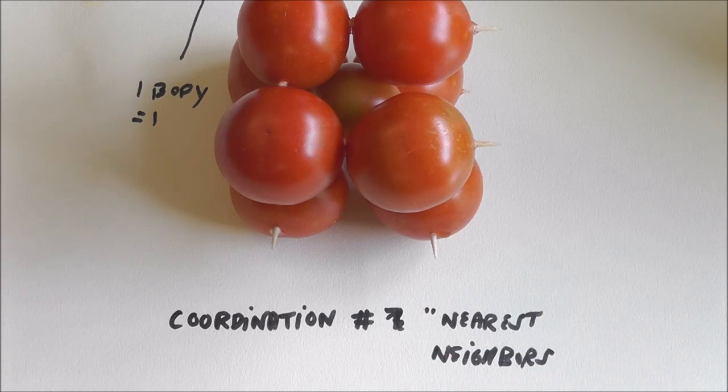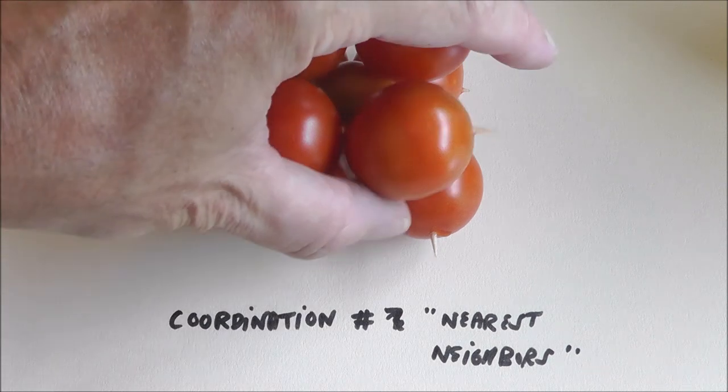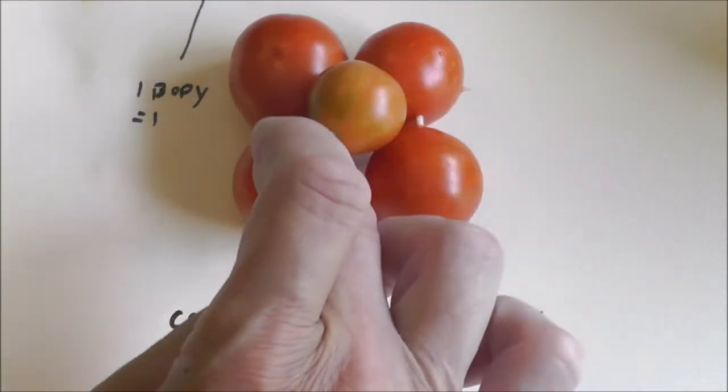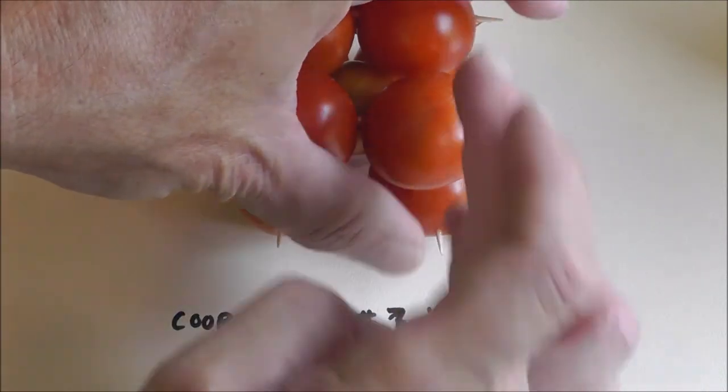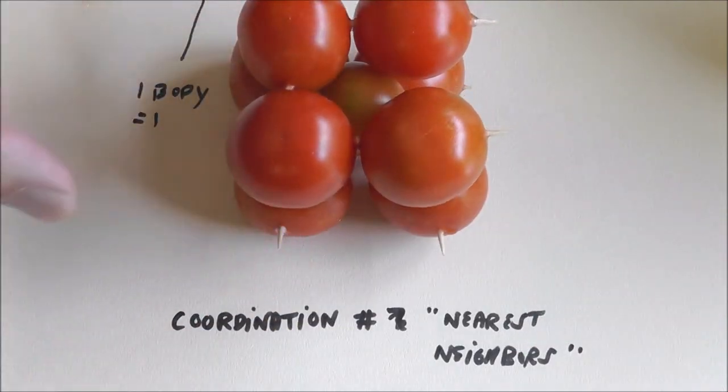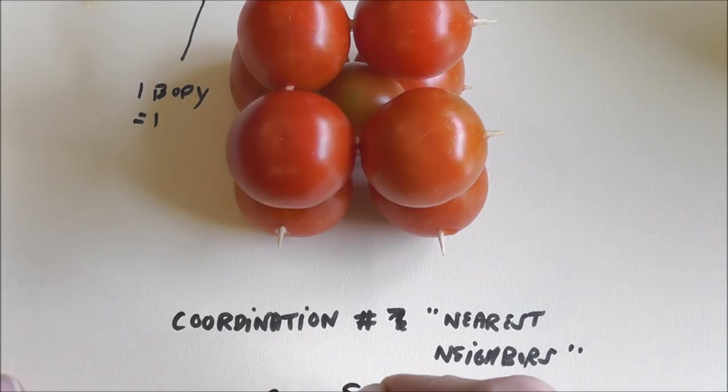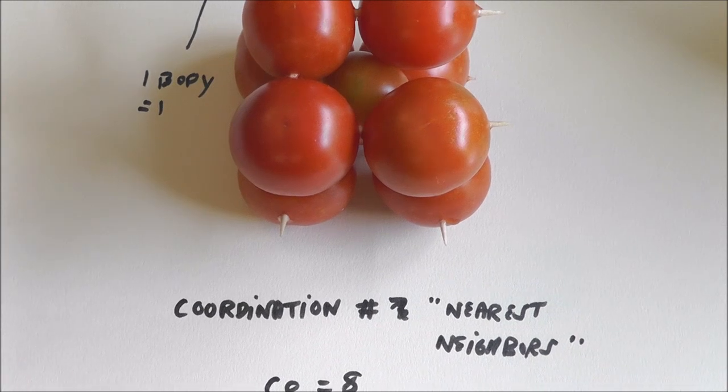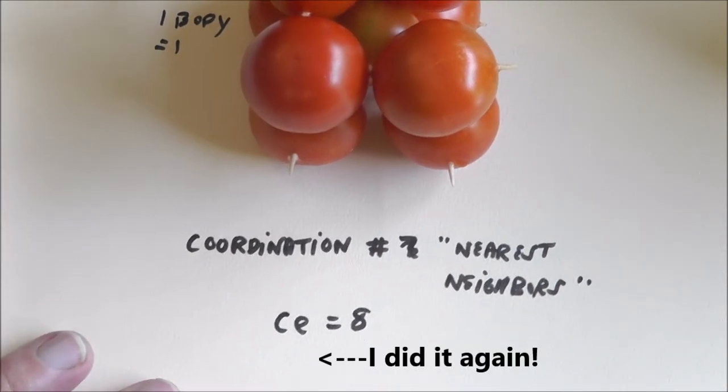If I look at that cesium, I can count how many chlorides are around it. There are 1, 2, 3, 4, 5, 6, 7, 8. And so the coordination number of cesium would be 8.